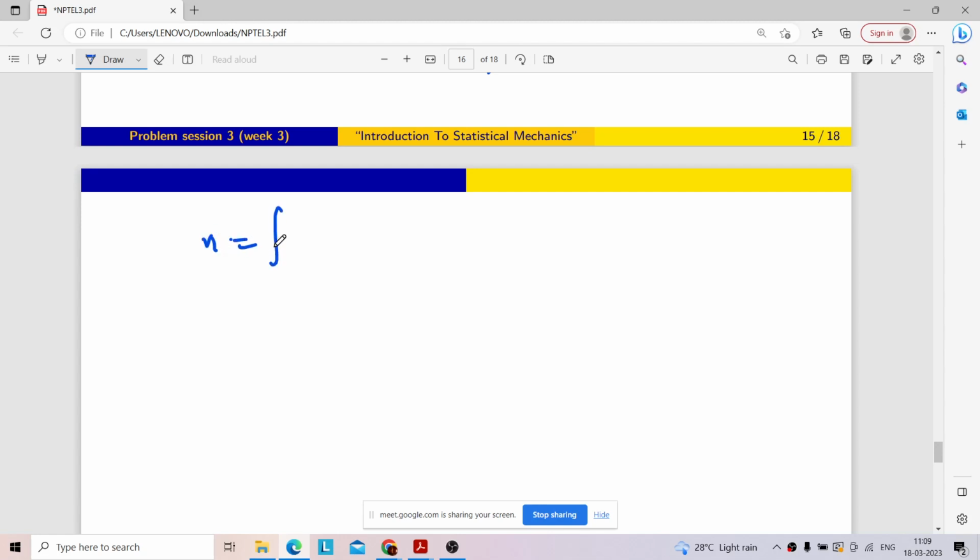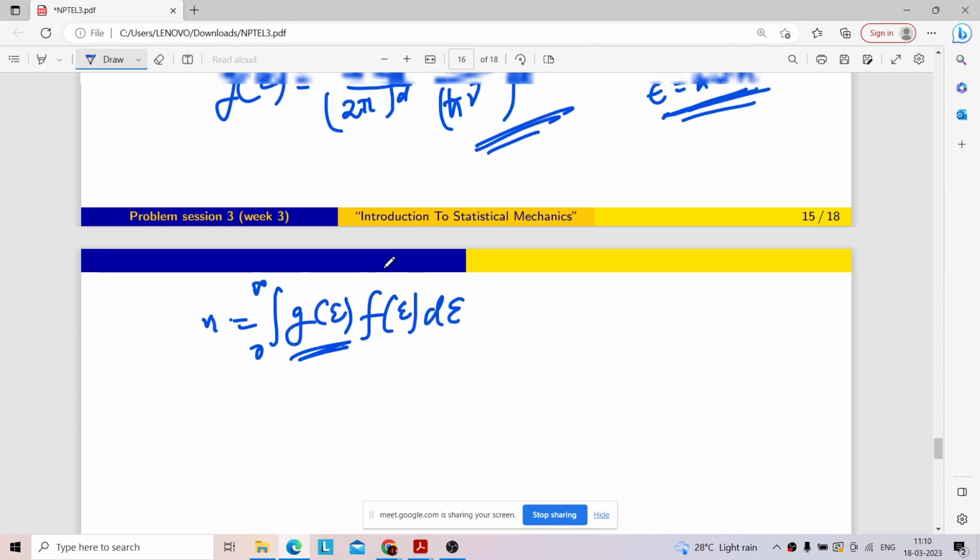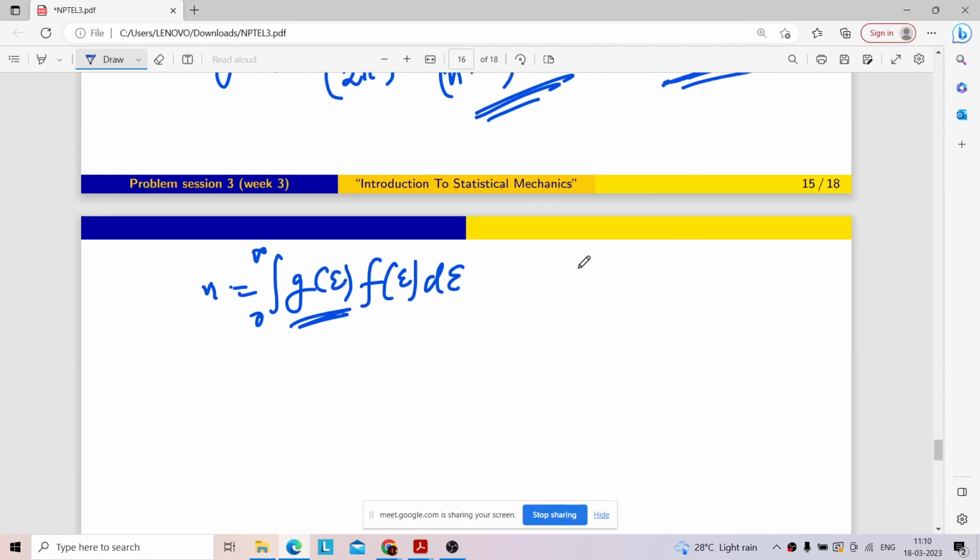So what we got is g of epsilon and the distribution function, and this will be integrated over d epsilon from 0 to infinity. So g of epsilon we got already, and we saw that s is 0, that means they are bosons.